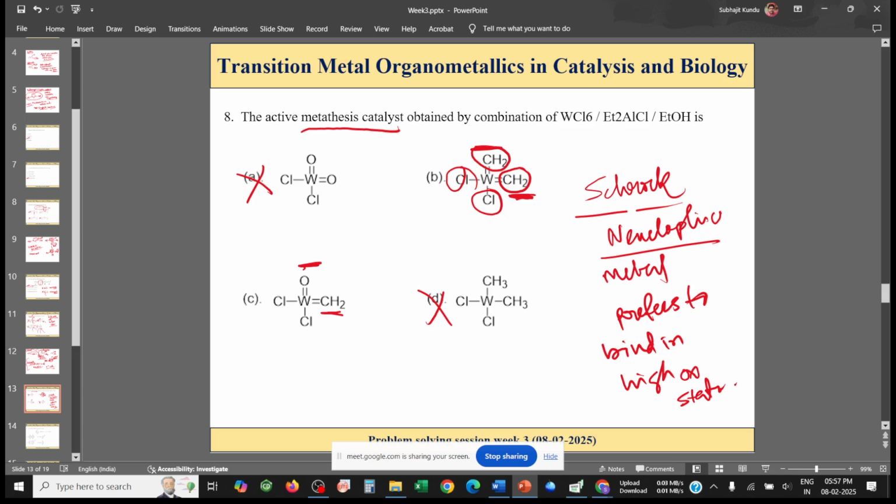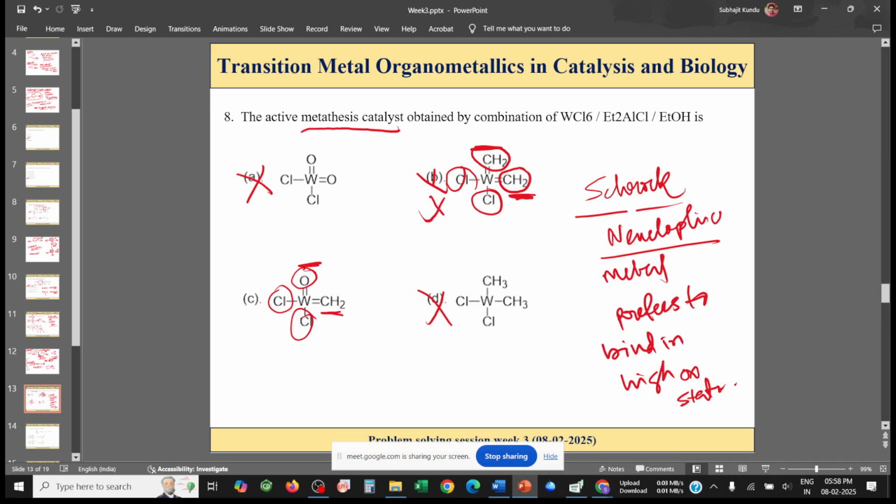But if you compare here, this is oxygen and chloride and chloride, a more negative charge is attached to this tungsten. Obviously here the tungsten is more electropositive in nature, that means in a higher oxidation state. So this binding possibility is not possible for this molecule.